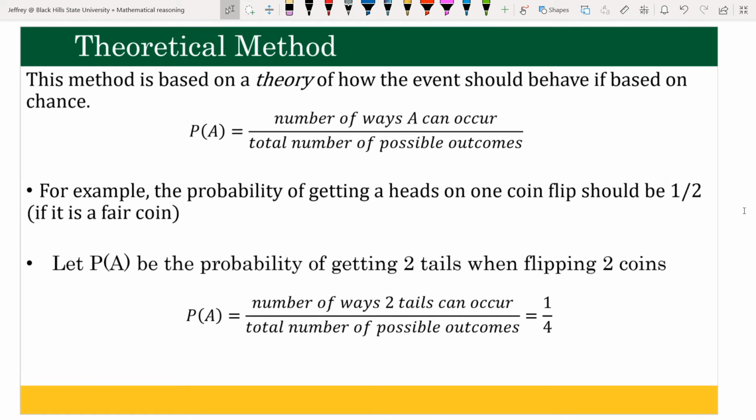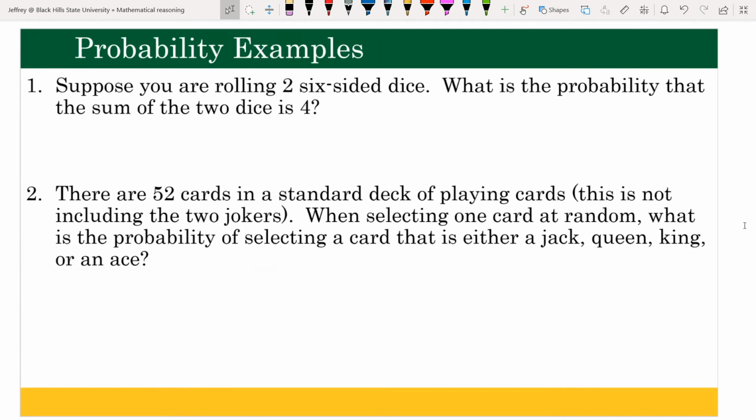This is just theoretically looking at what can happen and dividing by all the possible things that can happen. So for the probability of getting heads in a coin flip, we would expect it to be 50-50 because you have one out of the two possible events that can occur.